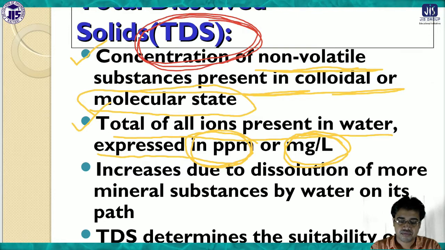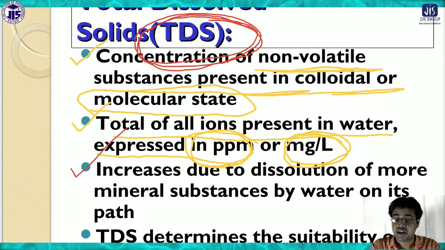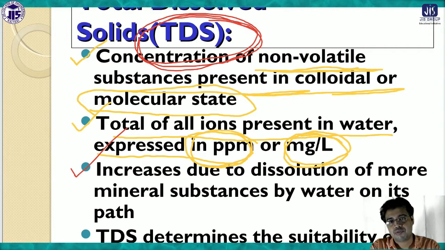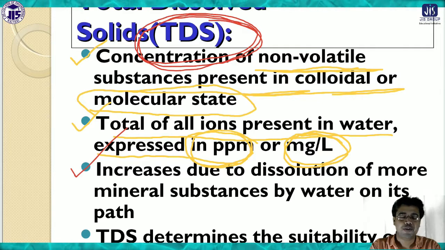Third point, it increases due to dissolution of more mineral substances by water on its path. That means when water is flowing, if more mineral substances are present, there is a chance of those ions from the minerals mixing with the water.